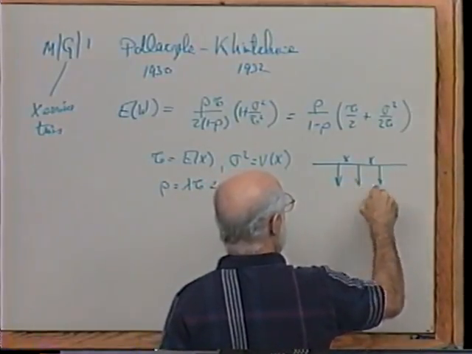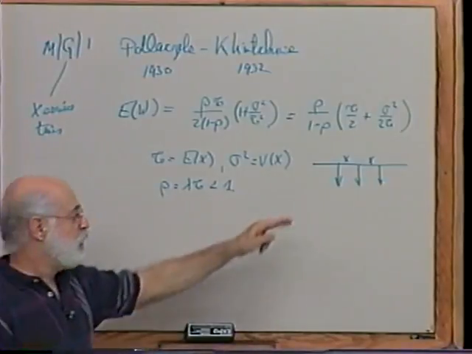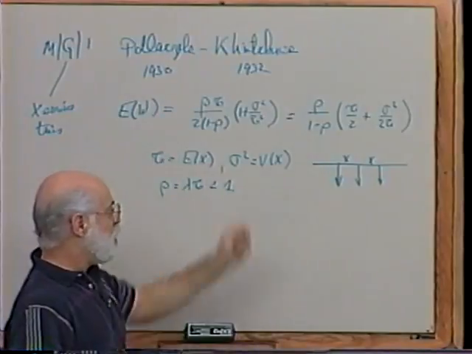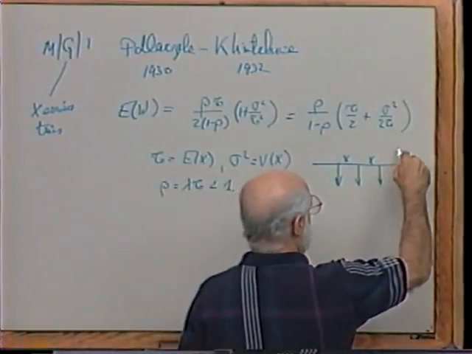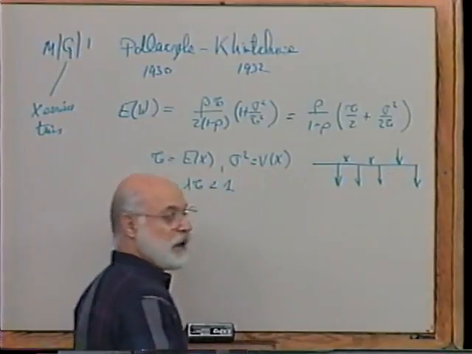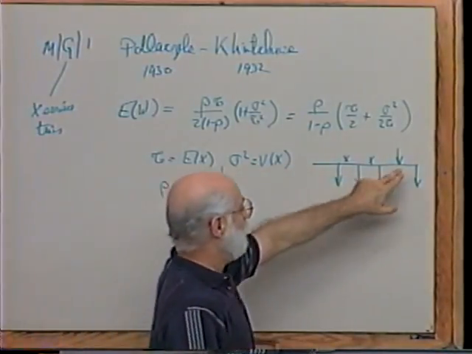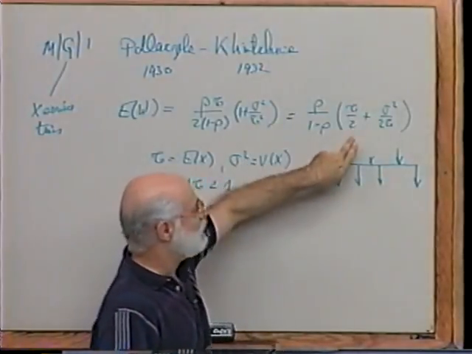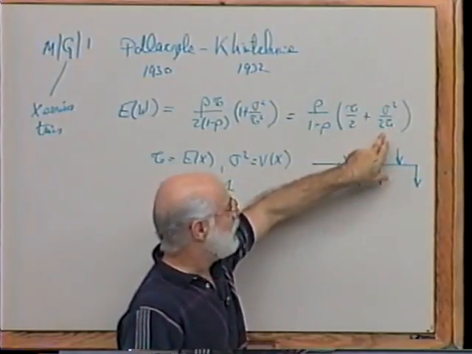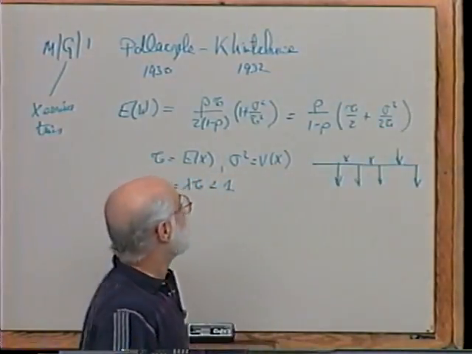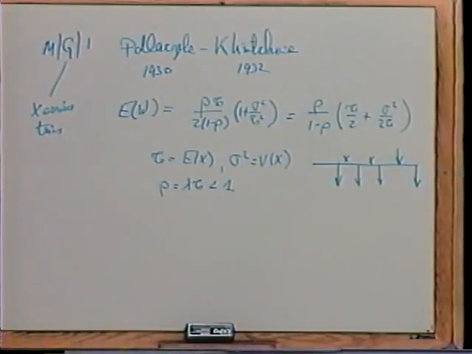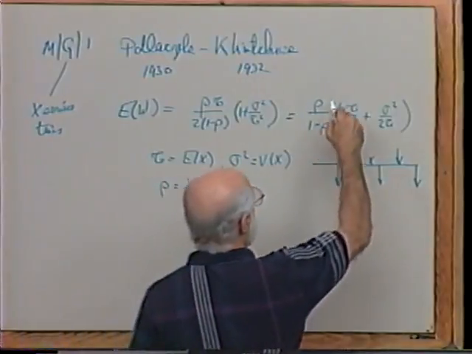Okay, so I'm going to have the arrows pointing down because those things really represent service completions. And then suppose that I interrupted one of these renewals, one of these service times. Then the remaining service time would be equal to the average service time over 2 plus the variance of the service time divided by 2 times the average. Let's see, that's right. So this is the renewal theory result right here.